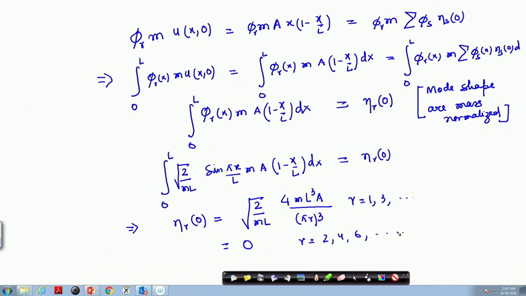So, if one evaluates this integral, the integral will look something like this for all the odd values of r, whereas this is going to be 0 for all even values of r. Therefore, we have found out eta 0.